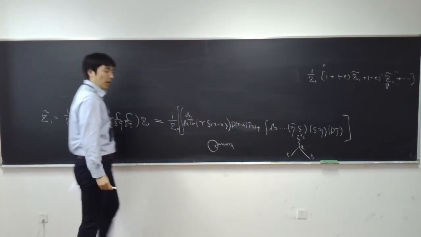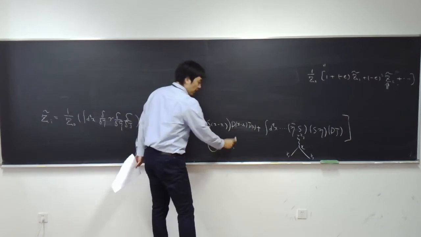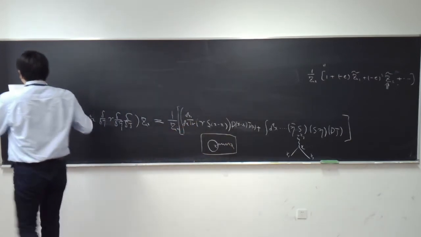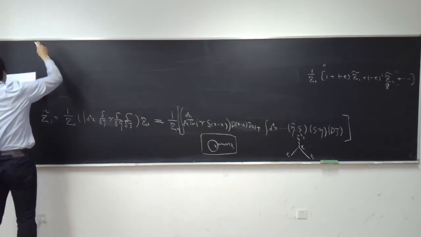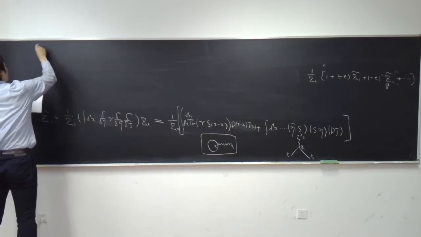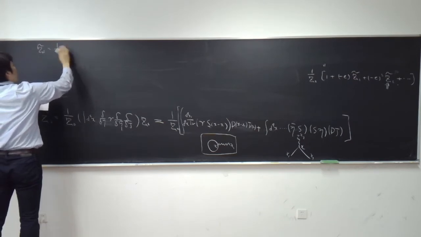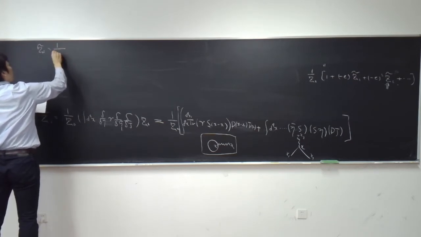And as I explained to you, this diagram vanishes because it is a tadpole diagram and by symmetry. So Z2 Taylor is essentially a factor times Z0.